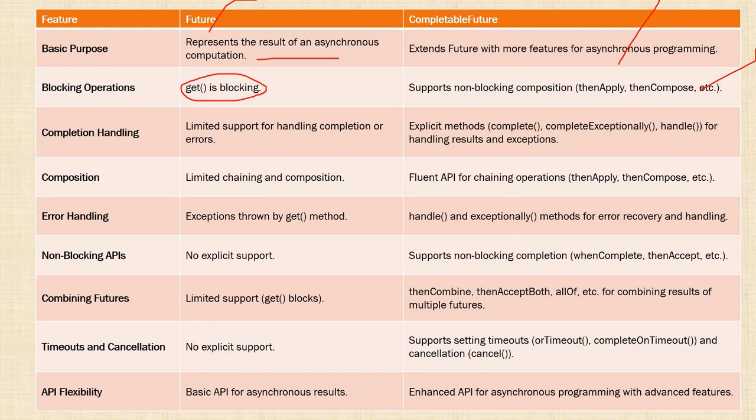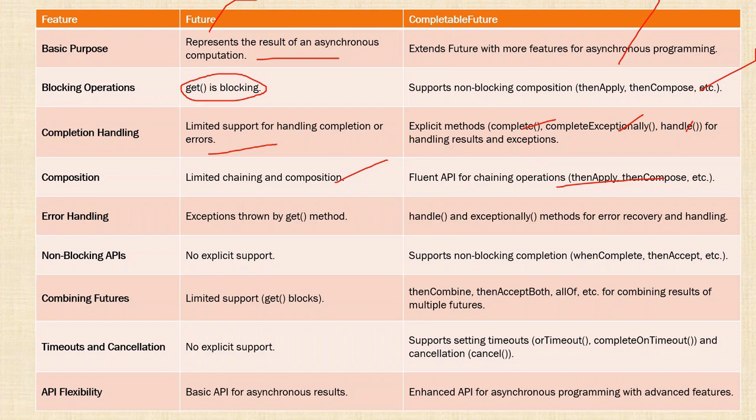Future has limited support for handling completion or error. CompletableFuture has more features to handle exceptions, like we saw in the previous video, exceptionally. This feature is available in CompletableFuture with explicit methods like completeExceptionally and handle. We can use these methods to handle the result and exception. Composition: Future has limited chaining and composition. Just now we saw we have three to four methods in the Future interface, but we have various chaining methods in CompletableFuture for better asynchronous programming, a fluent API.